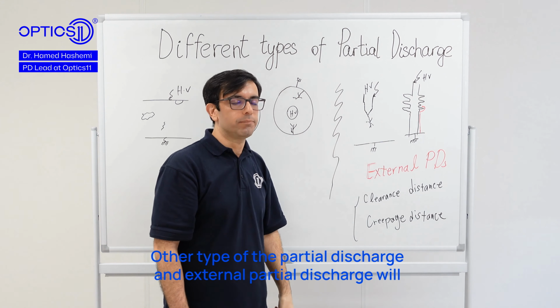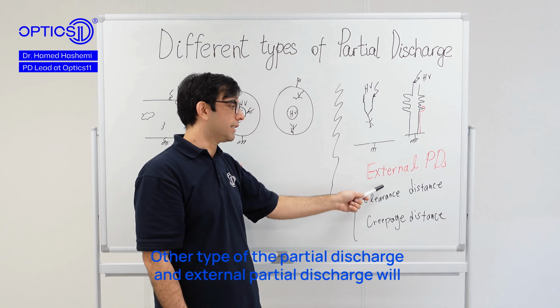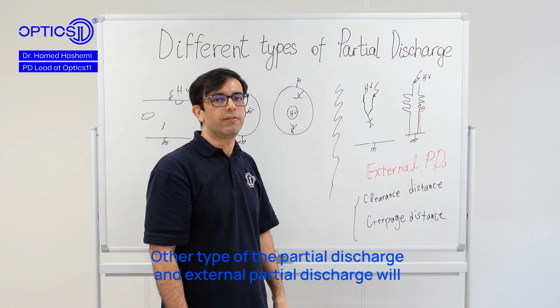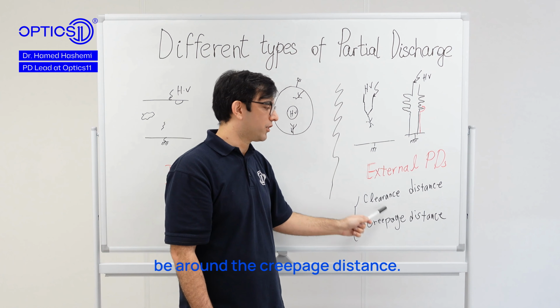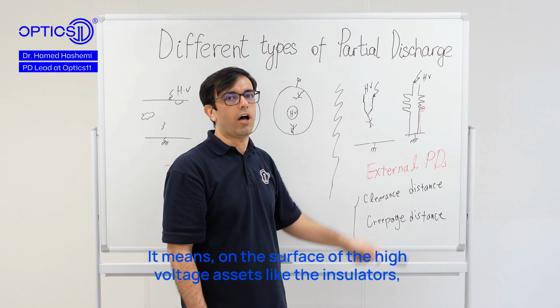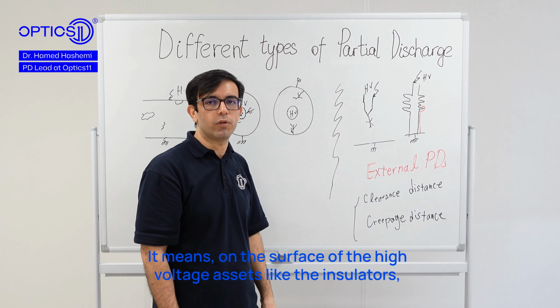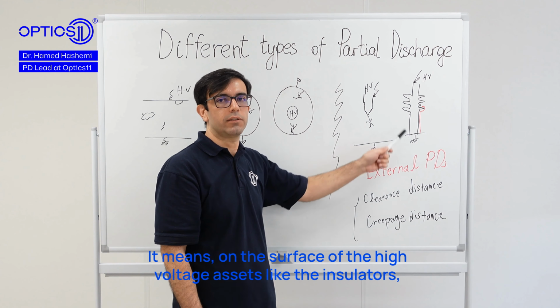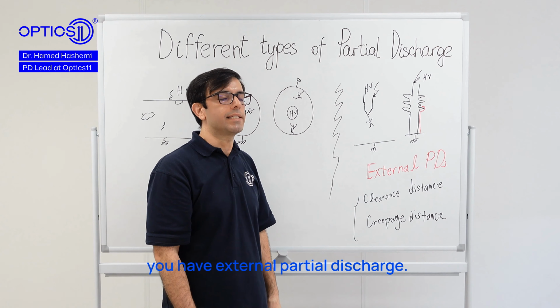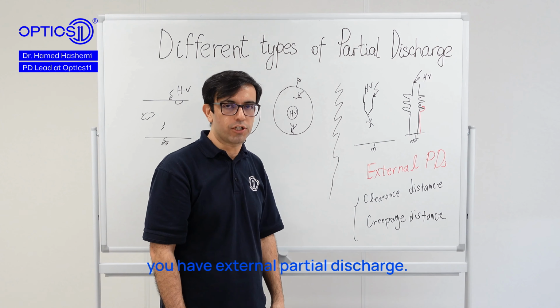Another type of external partial discharge will be around the creepage distance. It means on the surface of the high voltage assets, like the insulators, you have external partial discharge.